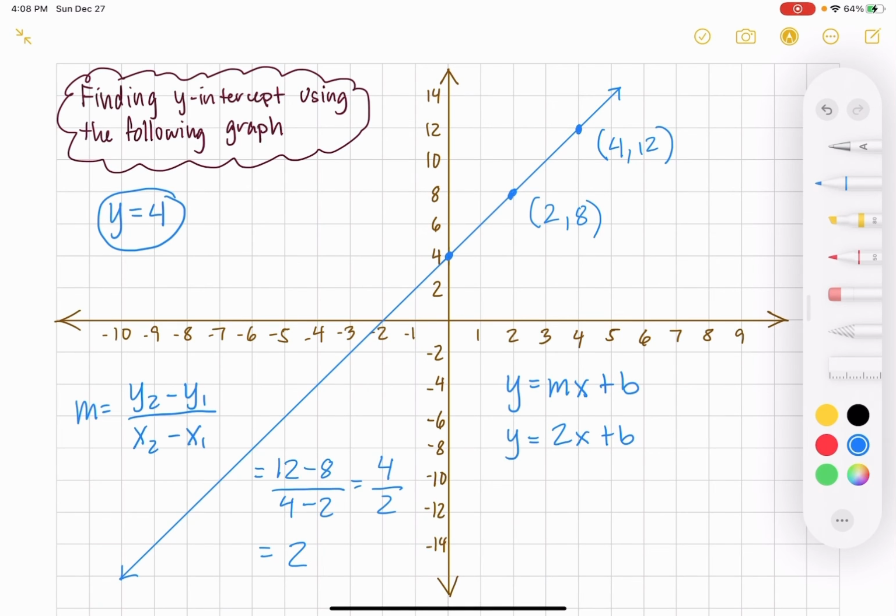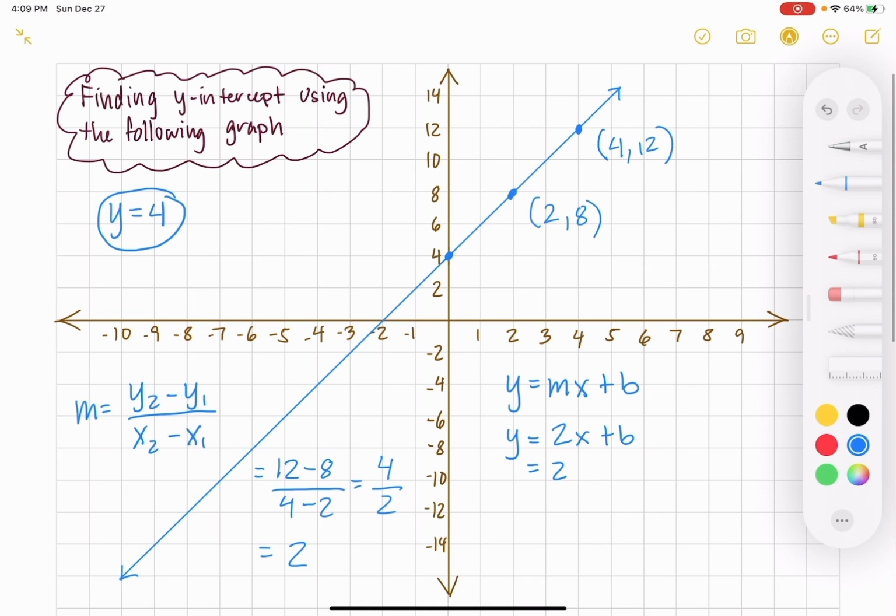Now, the next step is to pick any xy pair coordinate to plug in for the x and y variables. In this case, we can either pick 4 and 12, or 2 and 8, or any pair of coordinates that we can see in this linear function. We're just going to pick 2 and 8.